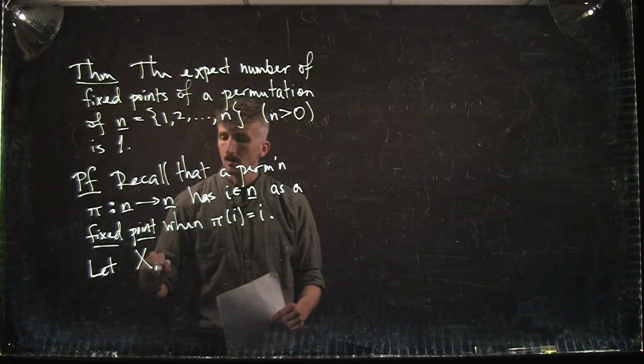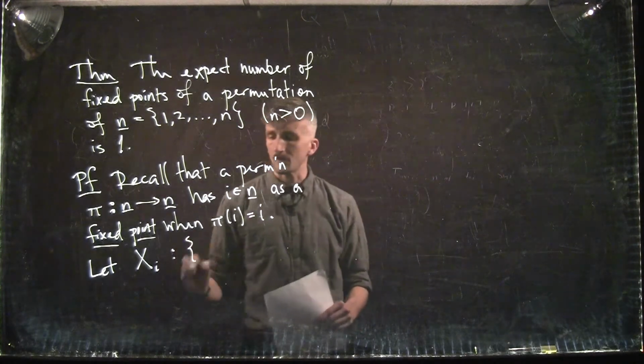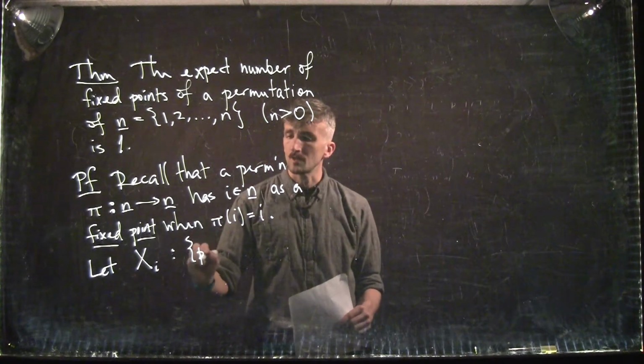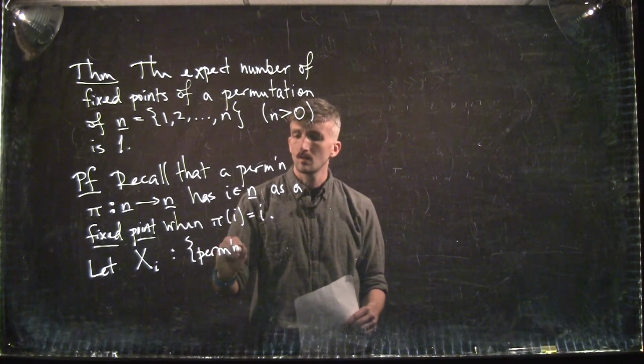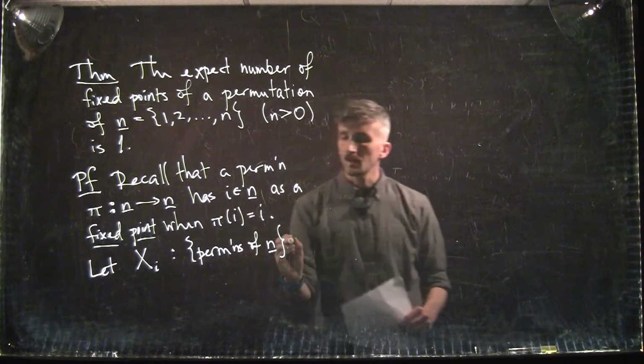Okay, given that this is how fixed points work, it's fairly natural to look at the following random variables, x sub i. These go from our sample space, the set of permutations of 1 through n, and land in the real numbers.